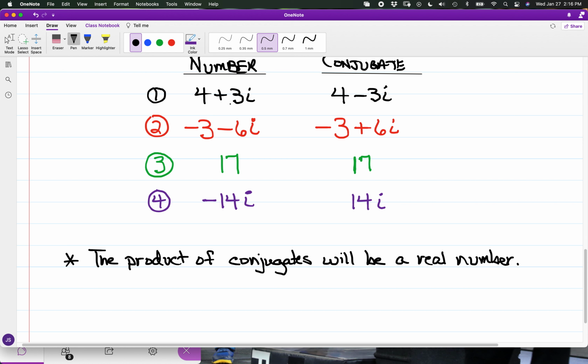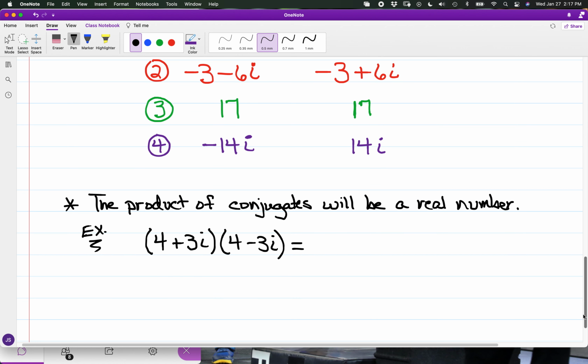And just for instance, say just with the first pairing, you have 4 plus 3i times the quantity of 4 minus 3i. So for these conjugates, if I FOIL out, 4 times 4 is 16.